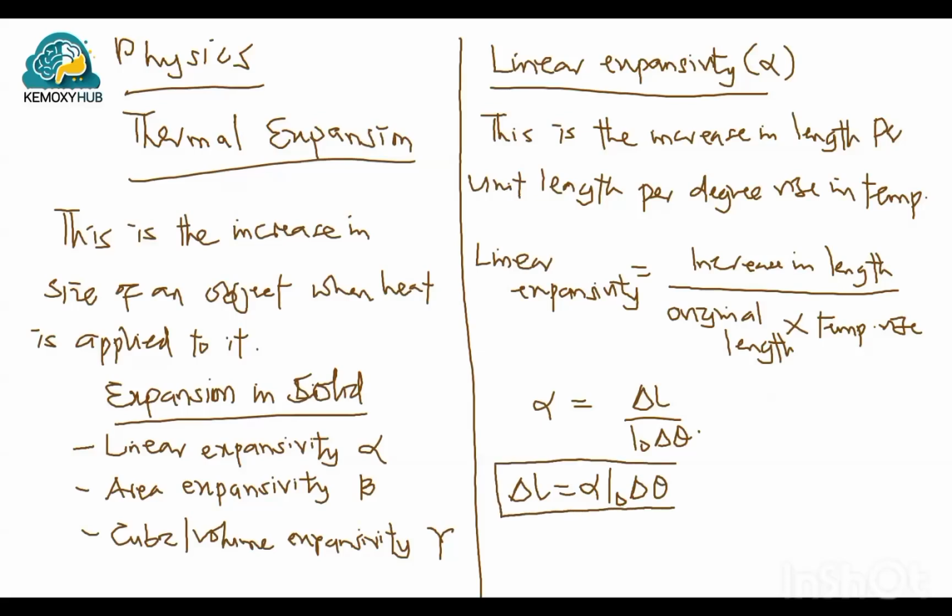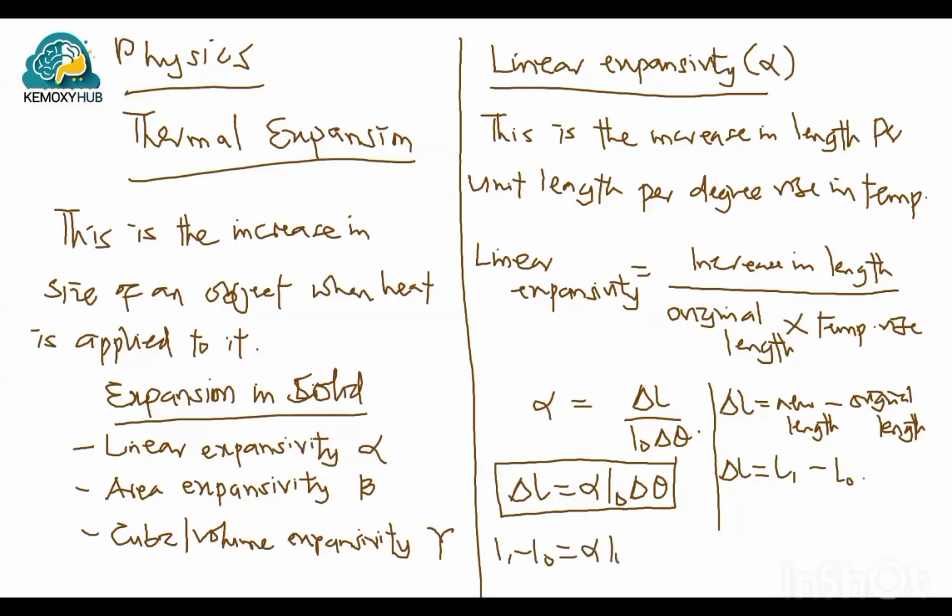But my change in length is also new length minus original length. Let me say my new length is L1. That means L1 minus L naught equals alpha L naught change in theta.